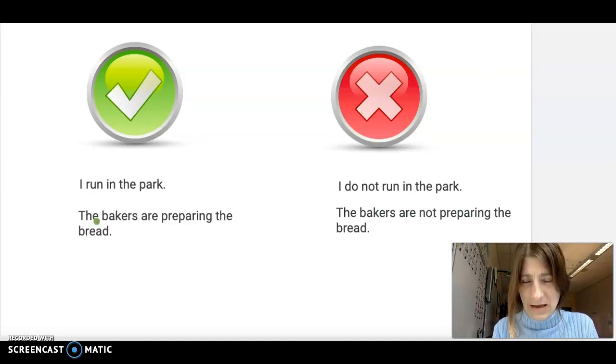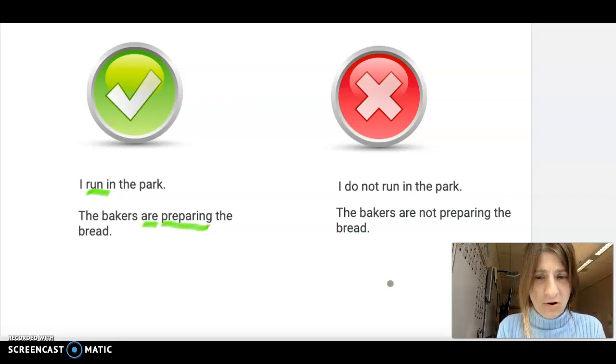So, for example, if I say I run in the park, I only have one verb. If I say the bakers are preparing the bread, we have two. We have our helping verb and our verb that has our suffix or ending on it.